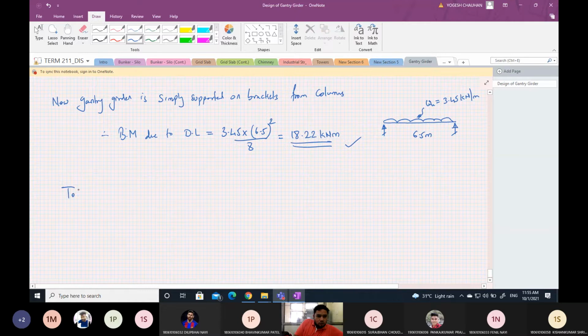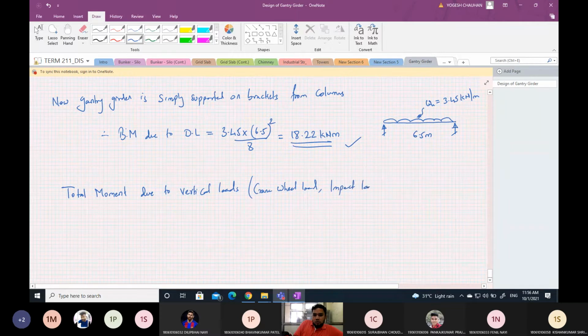Now all these are vertical loads, so we can write total moment due to vertical loads, which includes the crane wheel load, then impact load, then the dead load.